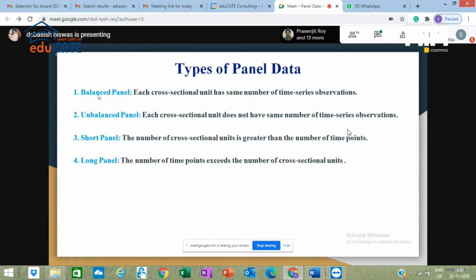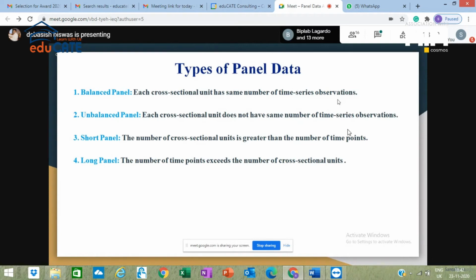Again, in case of balanced panel, each cross-sectional unit has the same number of time series observations. If for 17 states you have considered 3 periods, then that type of panel is called balanced panel.